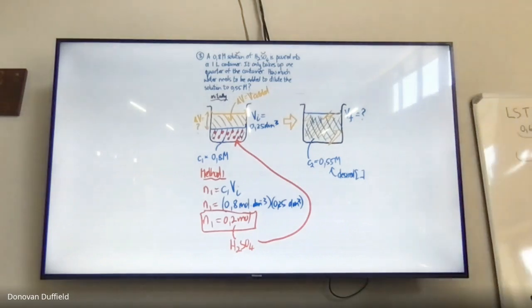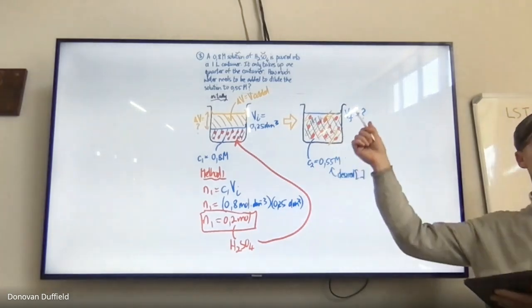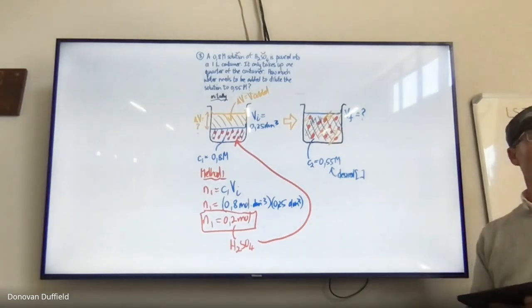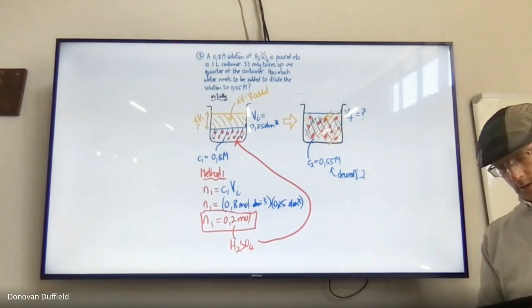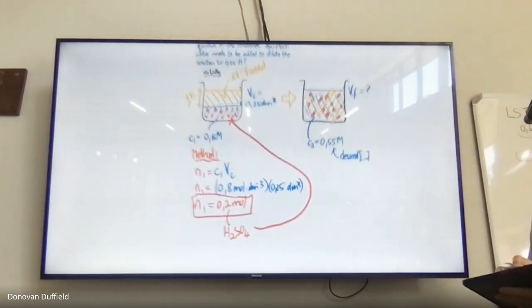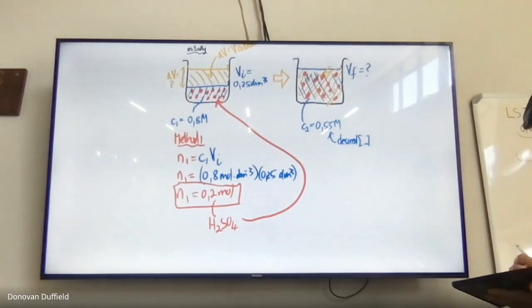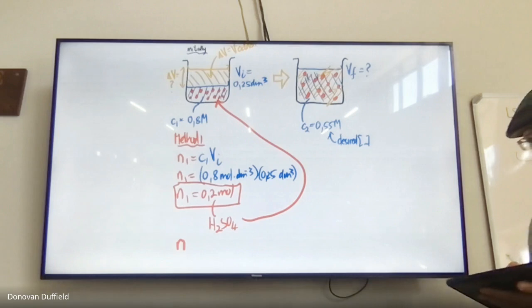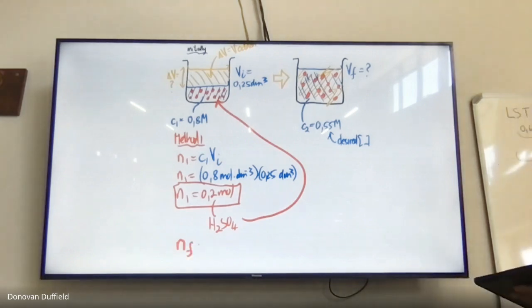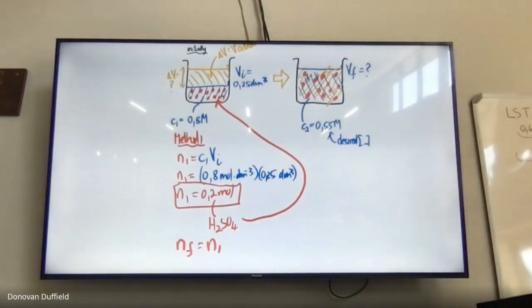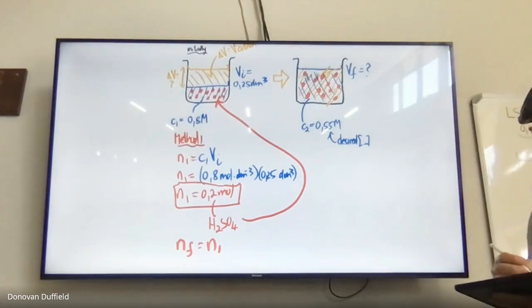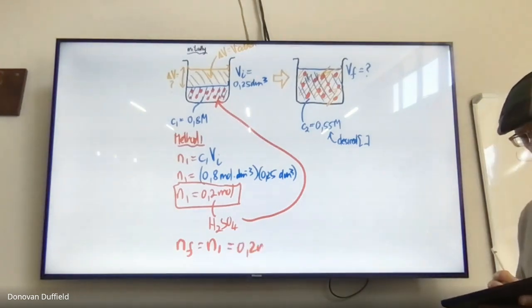Now, that number of moles is now spread over a bigger volume of solution. So if we look at the number of moles finally, it's the number of moles initially, which is 0.2 moles.